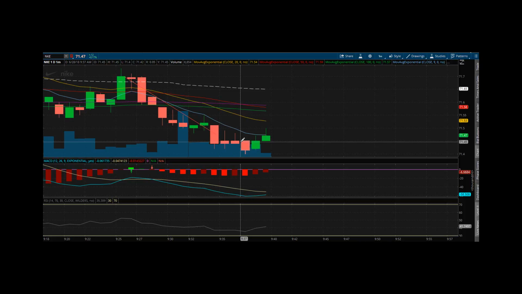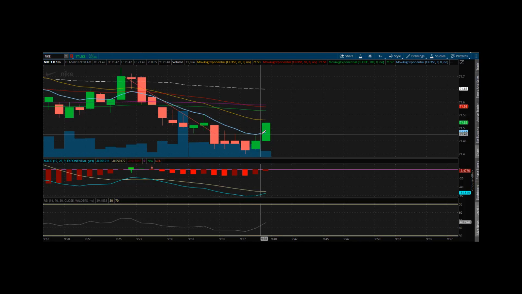And with a quality stock, it stands a better chance to uptrend and start filling all this back up that it had lost that value in. So right here, you actually see that candlestick breaking above this EMA line.